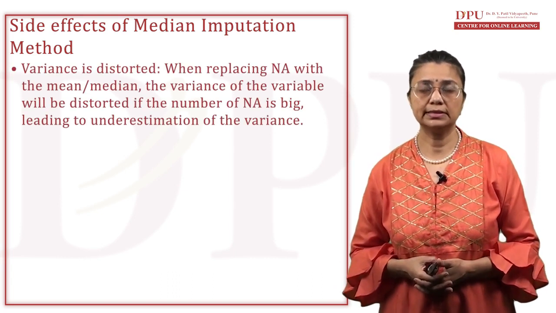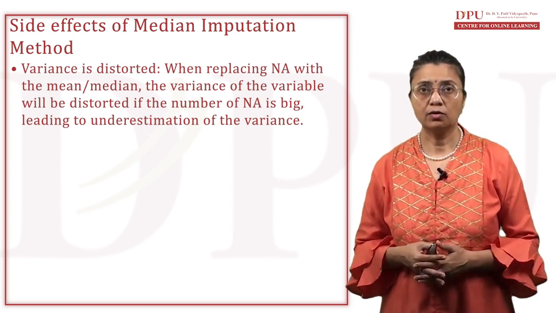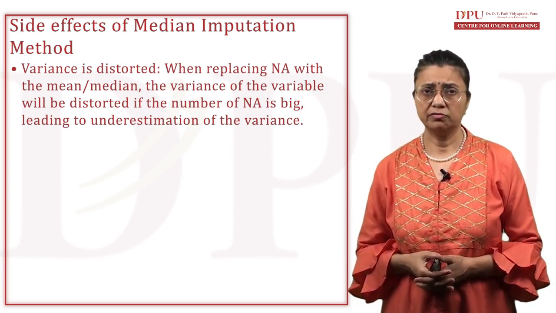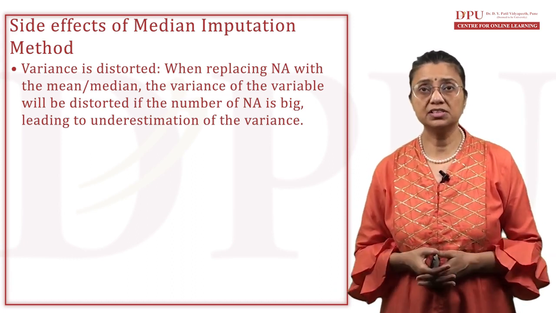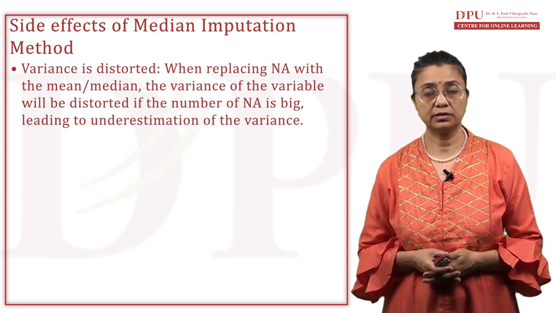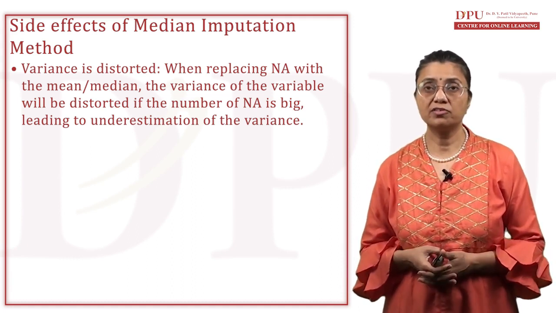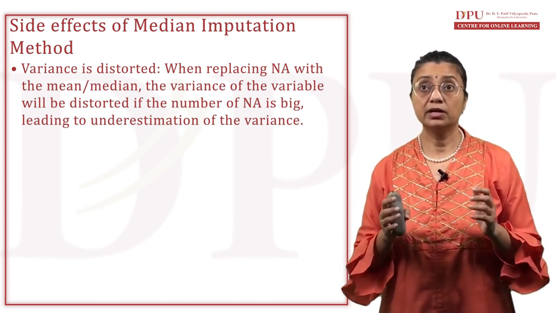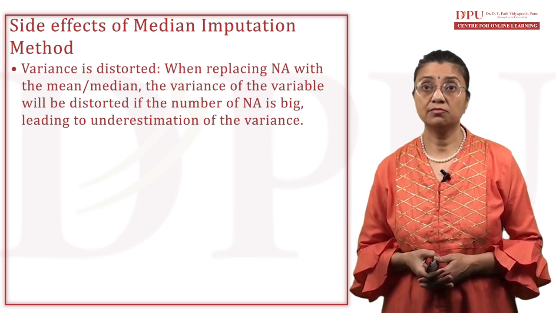Let's talk about certain side effects of the median imputation method. Variance is distorted. This is the major side effect of the median imputation method. When replacing NA with mean or median, the variance of the variable will be distorted if the number of NA is big, leading to underestimation of the variance.